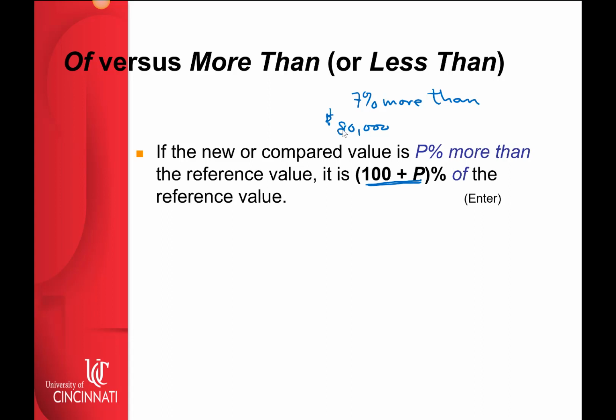Well, it's 7% more than that, isn't it? How would you do 7% more than that? Well, it's going to be all of that 80,000, plus how much more? 5,600 more. So you could take the 100% that Chuck makes and throw in another $5,600, and Lauren will start at $85,600.